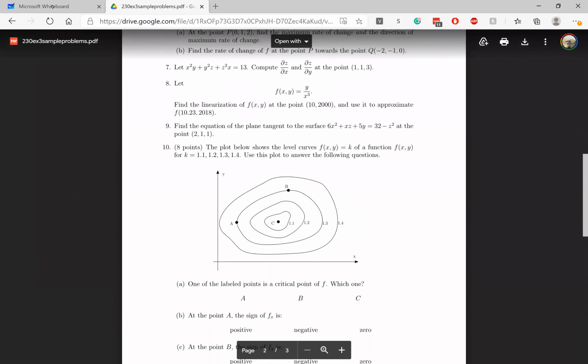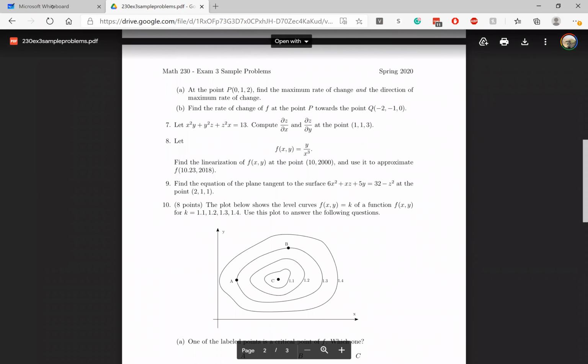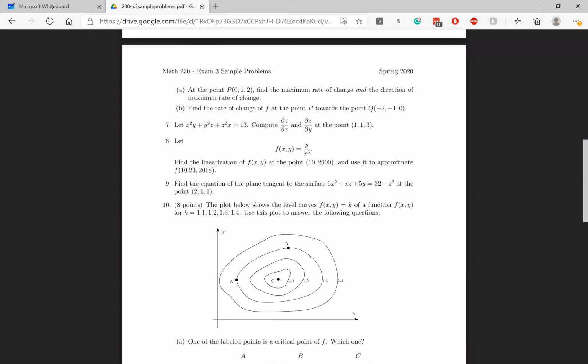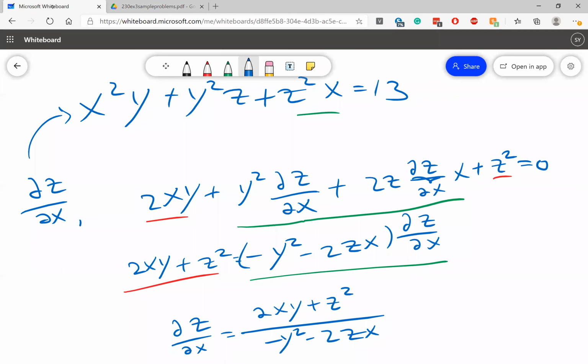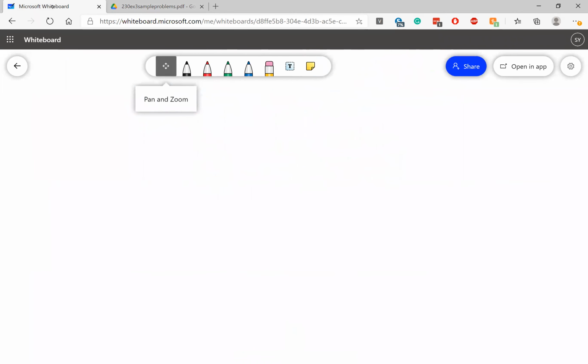Okay, so the next problem, they want us to again linearize this function at a point and use it to approximate another point. So let's do that.